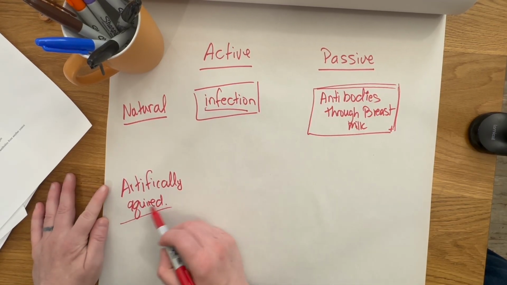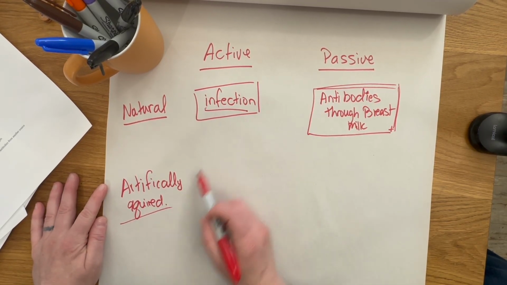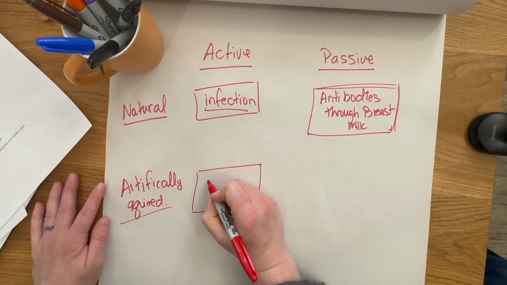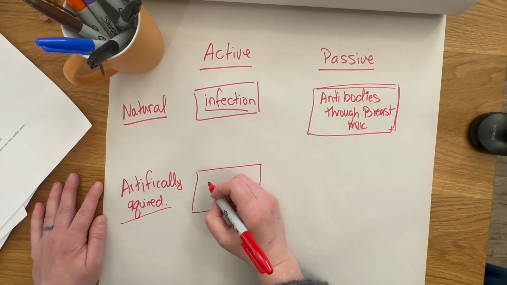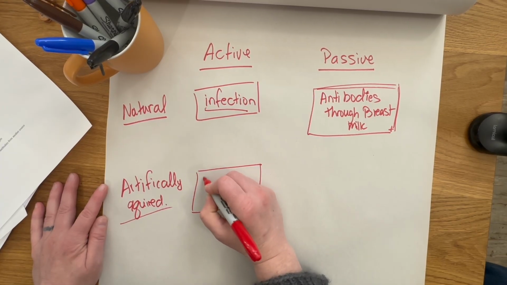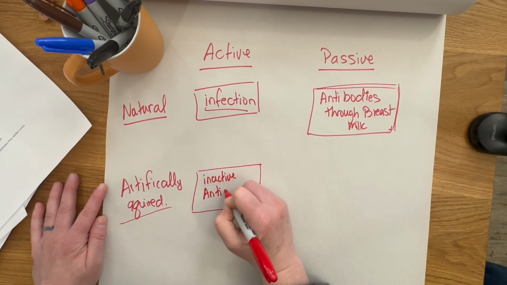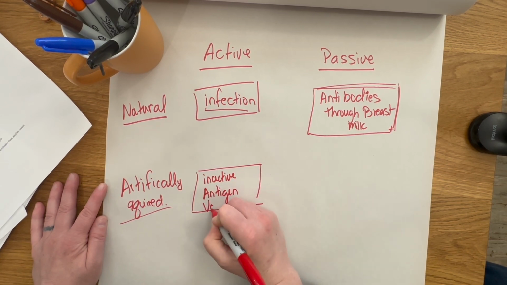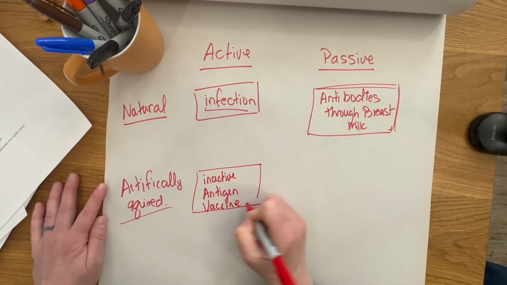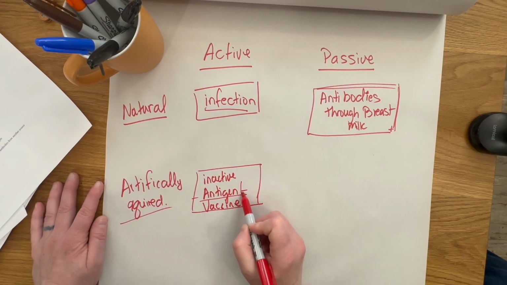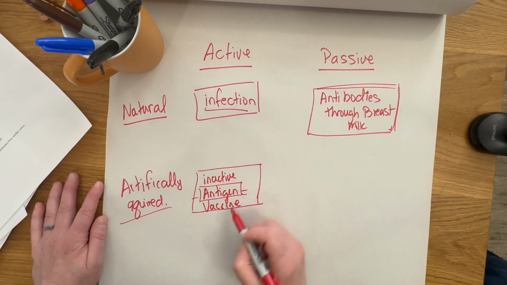Another form of artificially acquired but active immunity is when we get an inactivated antigen in the form of a vaccine. Okay, so when we're vaccinated, they give us an inactivated form of an antigen that we develop an active immunity to.